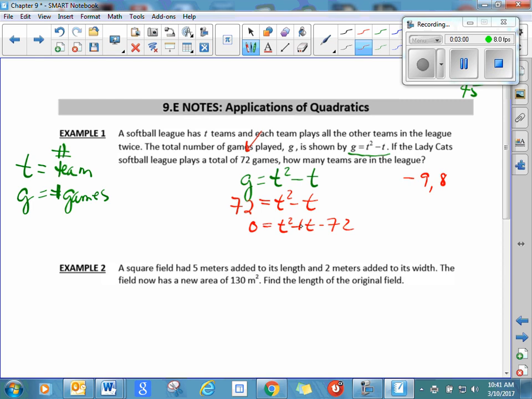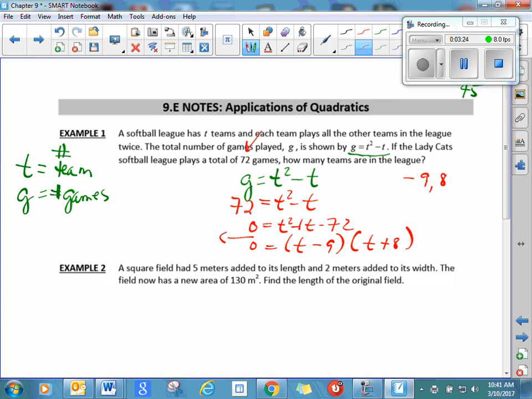So if you can just see it right off the bat, then you don't need to go through the whole process of listing all the factors. So if we use -9 and 8, we're going to have T minus 9, and we are going to have T plus 8. Now, I skipped the step in here where you split up the minus T.